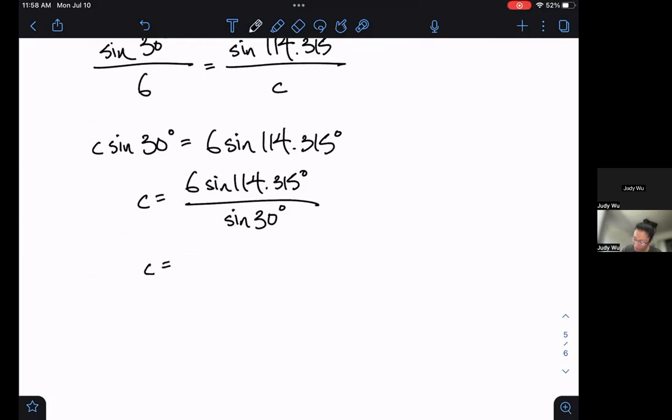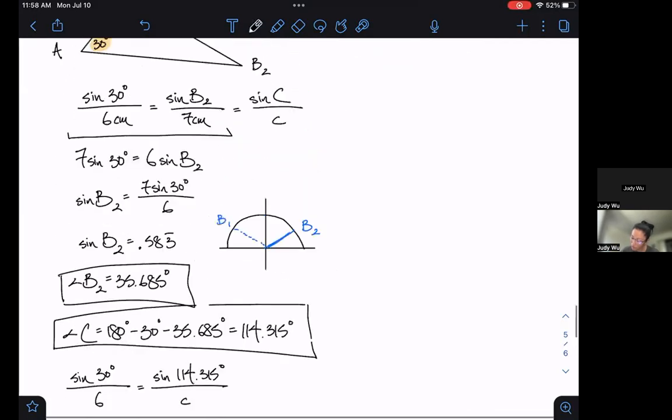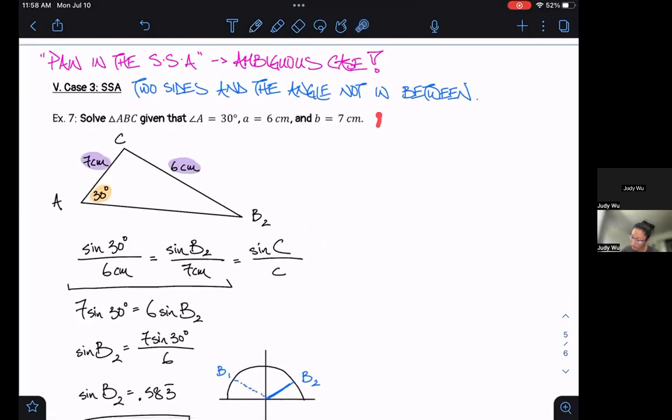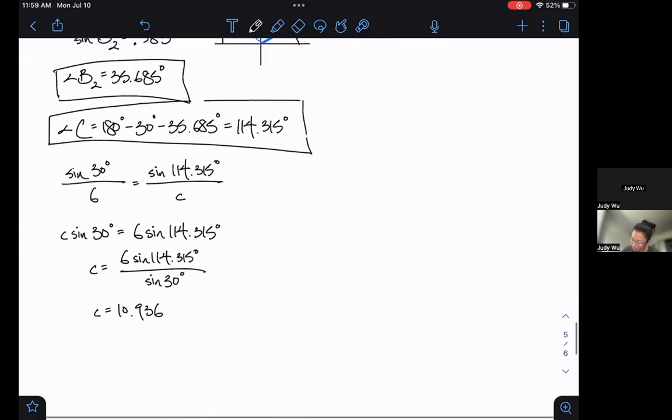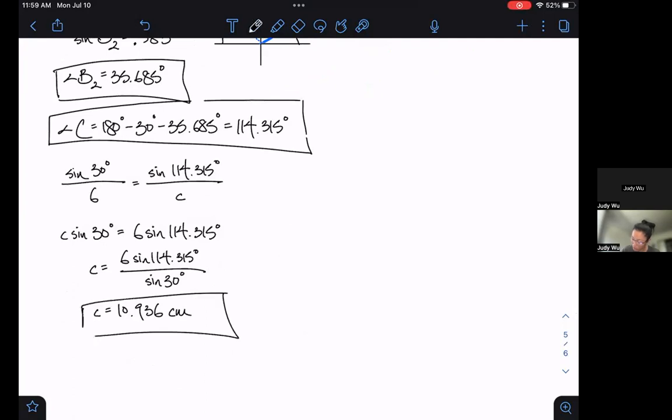And now when we type this in, we should get 10.936. And let's go back up and check our units. We are in centimeters for the side length. So this is going to be 10.936 centimeters, okay?